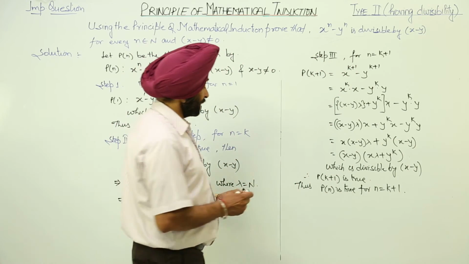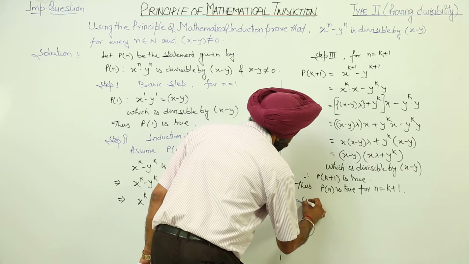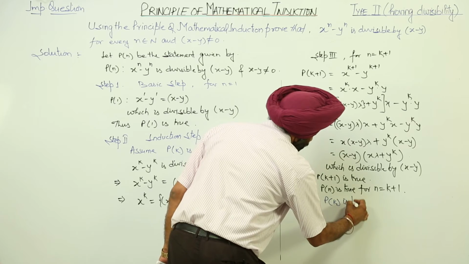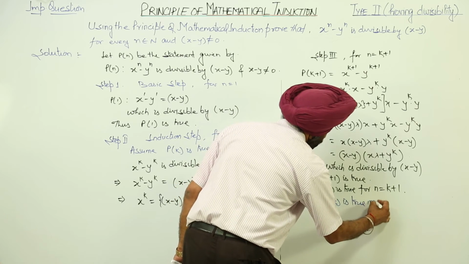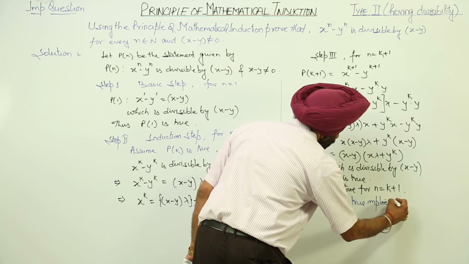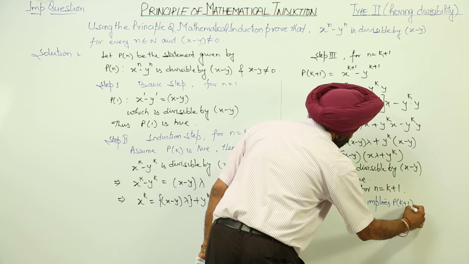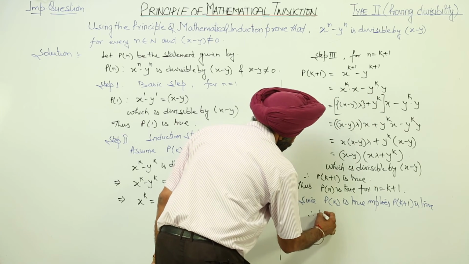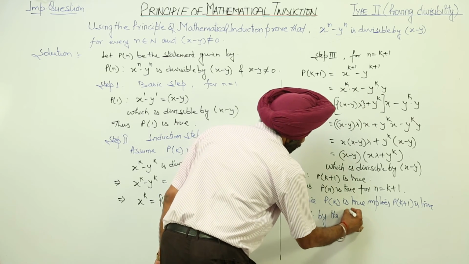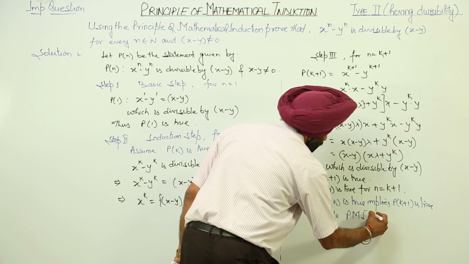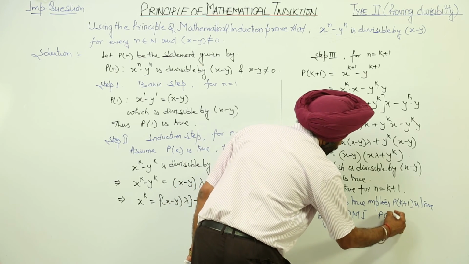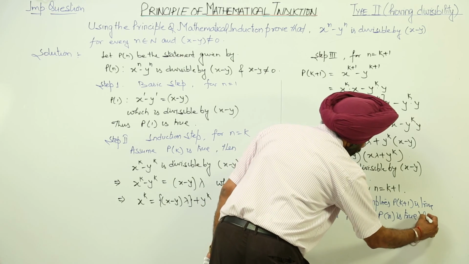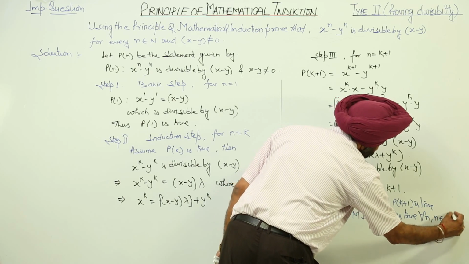And the last simple line: since Pk is true implies Pk plus 1 is true, by the principle of mathematical induction, Pn is true for all n where n belongs to natural numbers.